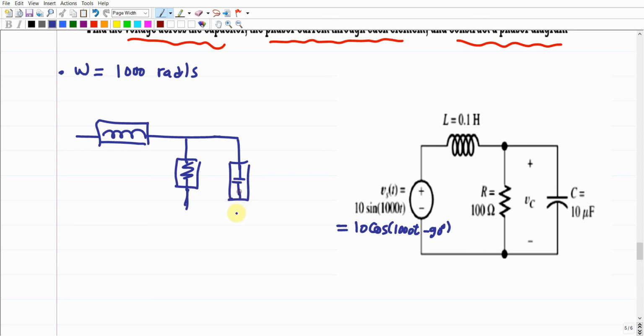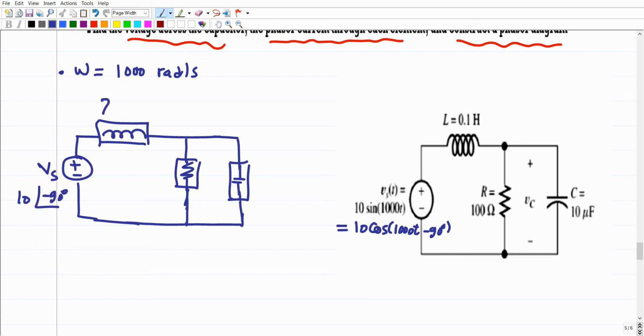In this way, keep in mind that all of these are different impedances. And we do have the voltage source, plus and minus. So this is Vs, right? This is in the frequency domain, this is in the frequency domain, and this is in the time domain. In the frequency domain, Vs is going to be 10 with an angle of negative 90 degrees. Very simple. This is the phasor form of Vs.